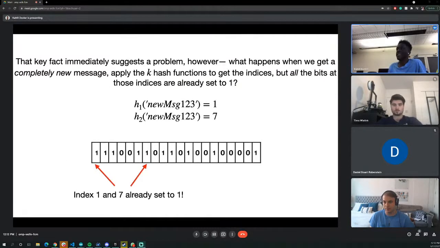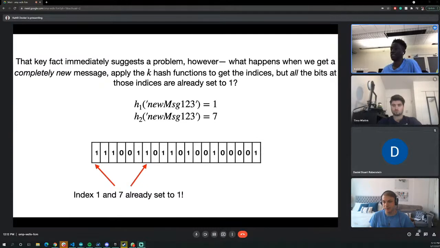The downside is what happens if we get a new message, apply those k hash functions, but all those bits are already set to 1. So for example, we get a new message, 1, 2, 3. And the first one hashed to 1, the second one hashed to 7. As you imagine, this will eventually happen, right?